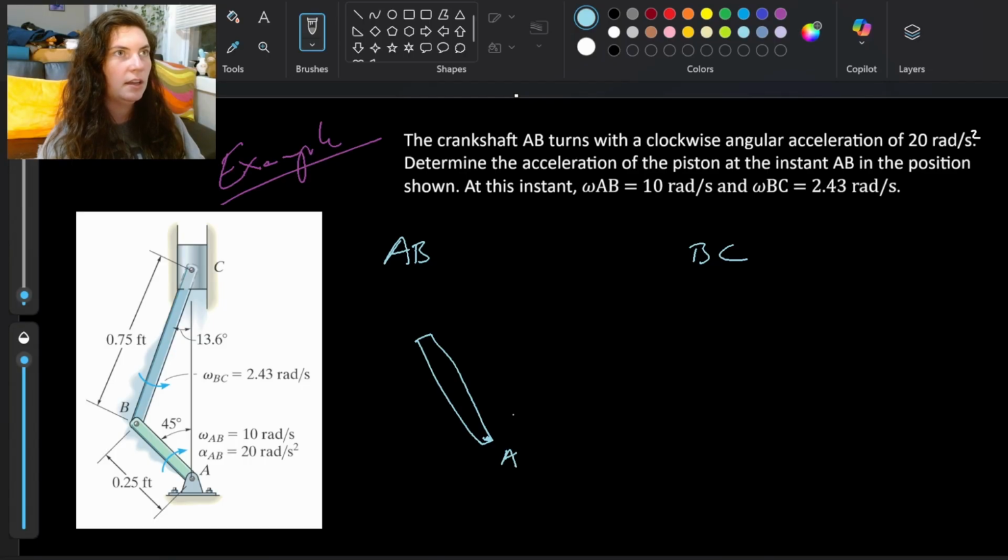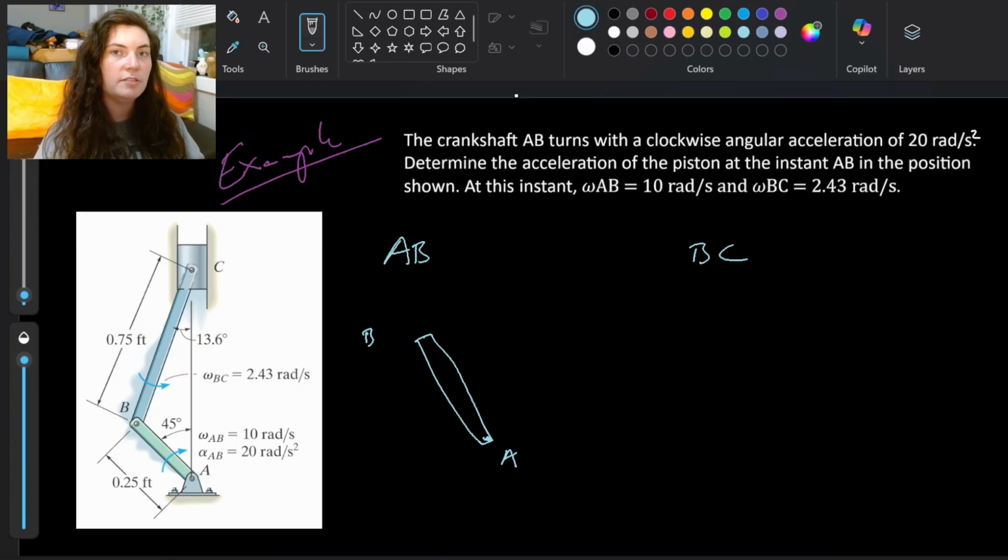There's A, and the first thing that we might notice when we break out this AB here is that A is fixed, right? A is a fixed location, so our segment AB is acting like rotation about a fixed axis. So this is a throwback to a few videos ago.